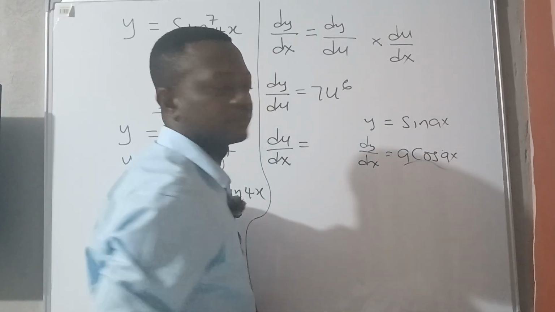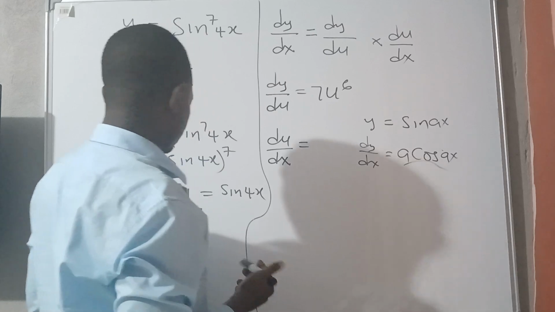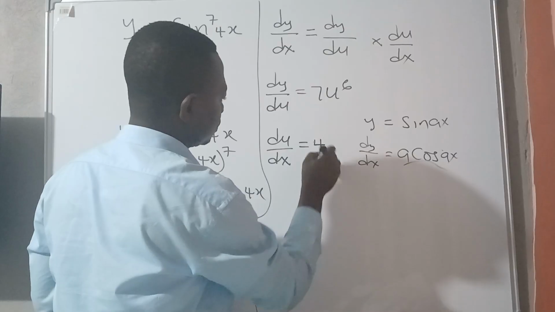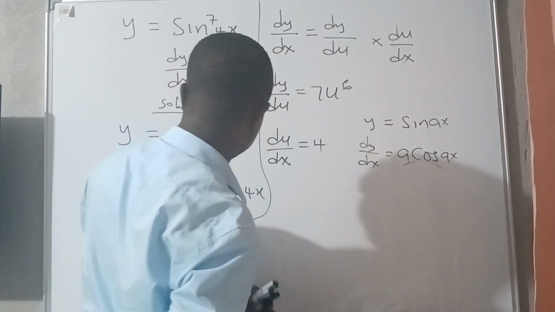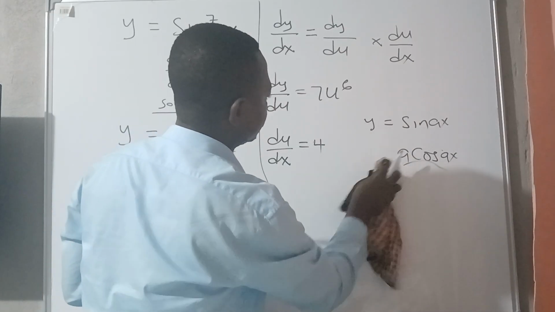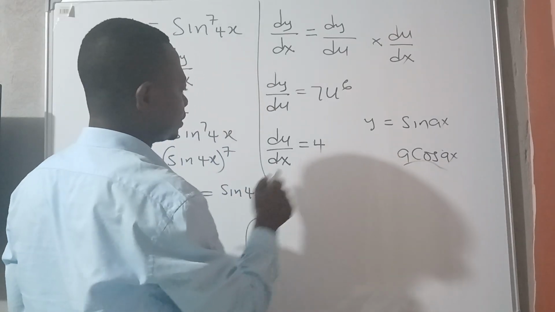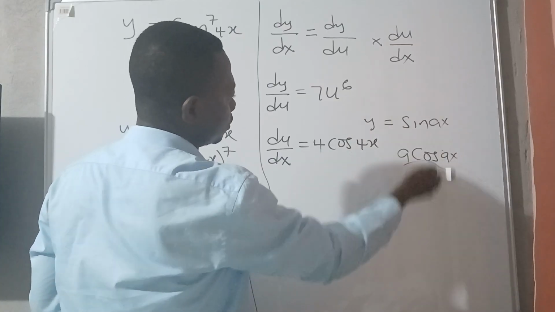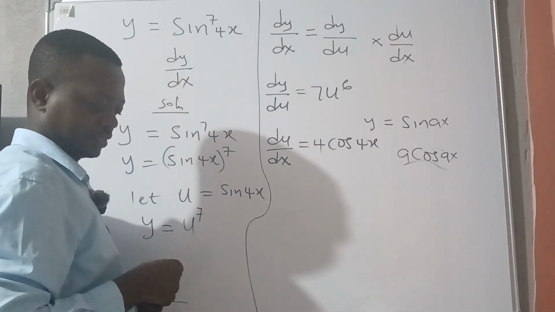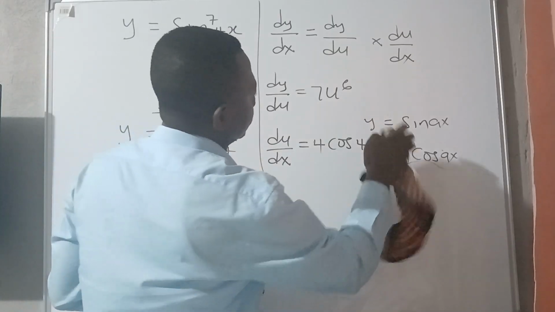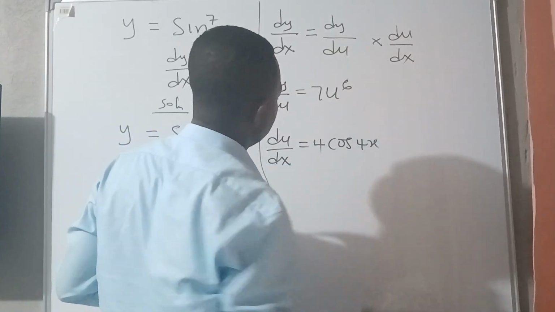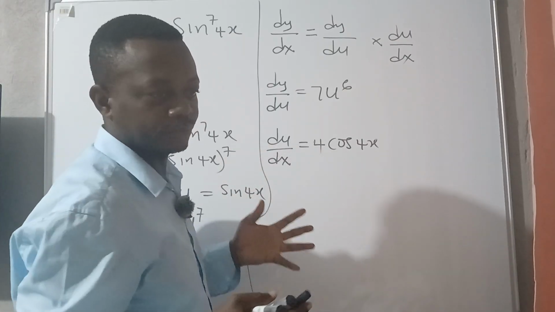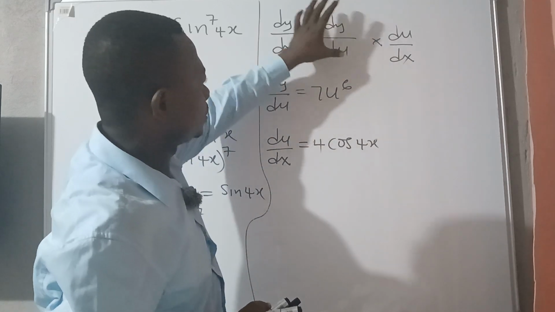So for sine 4x, the derivative is 4 out, and sine becomes cos, giving 4 cos 4x. Now, knowing dy/du and du/dx, we have no option but to do the substitution.